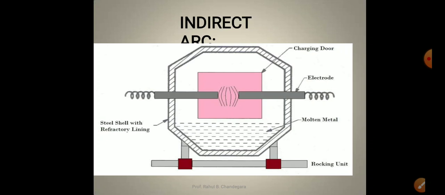Depending upon the moving contact, the arc length is maintained. This is the charging door. The arc is produced in the chamber, sealed with steel and refractory lining, so the heat will not go outside. And at the bottom, this is the charge. Whatever we want to heat, we mix with the charge.